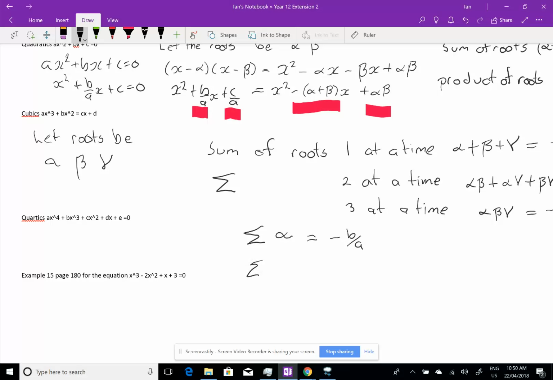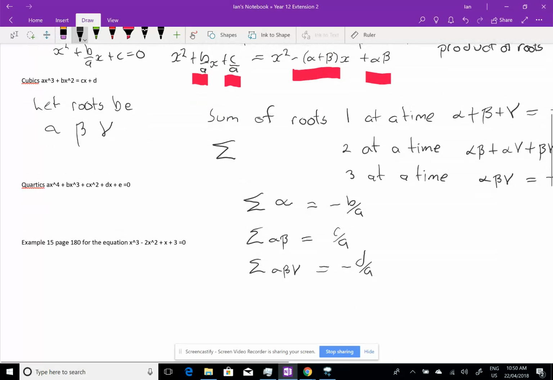Now if I sum the roots two at a time, I'll get c on a. And if I sum the roots three at a time, alpha beta gamma, alpha beta delta, alpha gamma delta, and so on, if I'm adding all those, that'll be minus d on a.